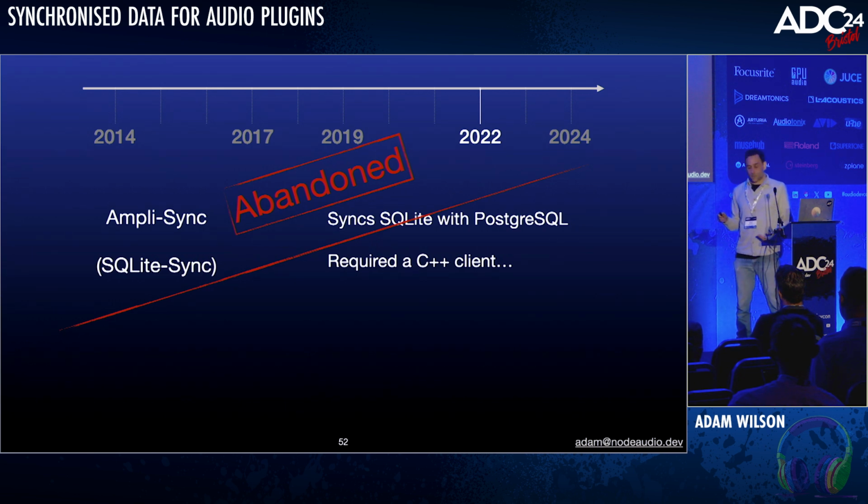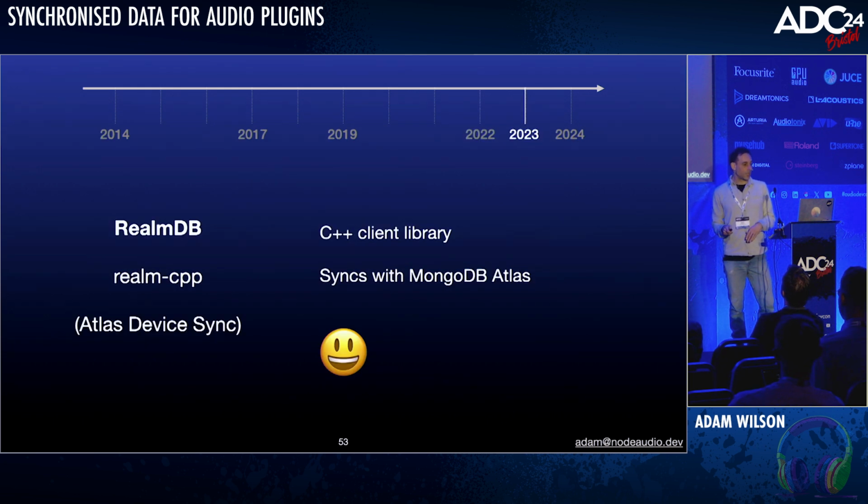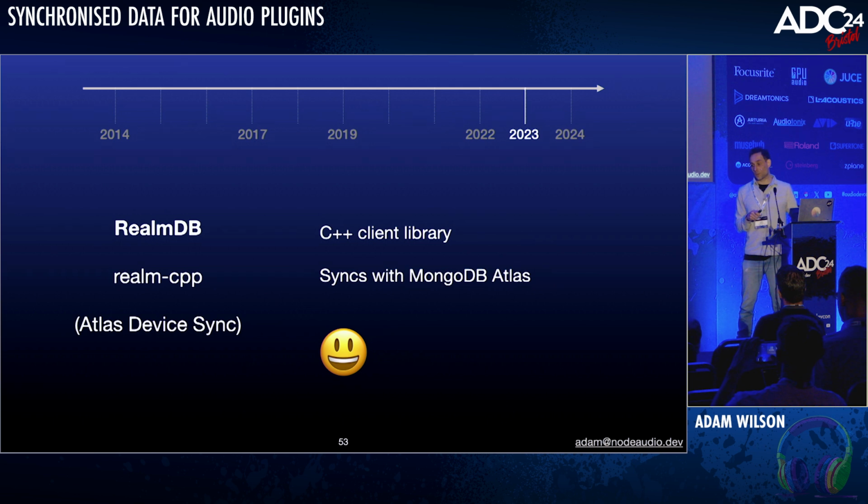I abandoned it for a few reasons, partly because I then discovered RealmDB. RealmDB has been around for a long time. It became a very widely used database for mobile applications, partly because of its synchronization capability. And I remembered I'd seen a few years ago, there was this Realm CPP project, but at the time it was only working on macOS.